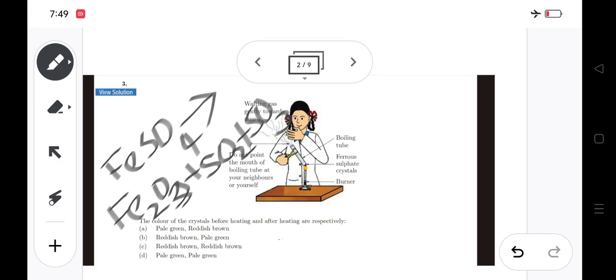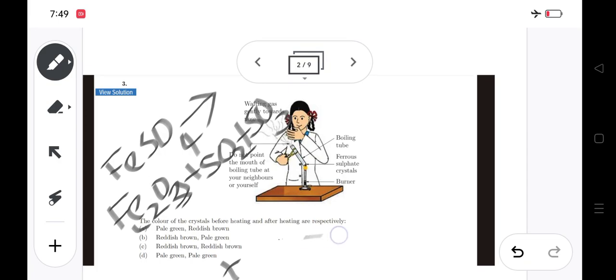In the first option it is given as pale green, and in D also it is given as pale green. And we need to think about the color of ferric oxide. It is reddish brown. So option A is the correct answer, not option D, not option B or C.